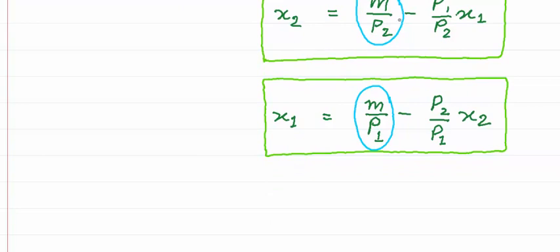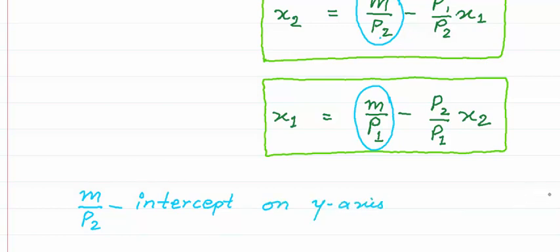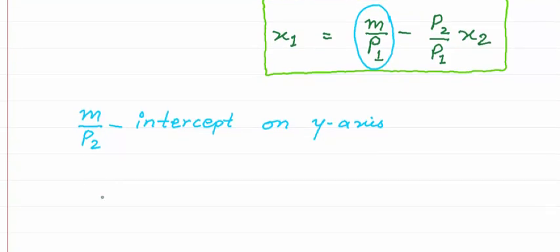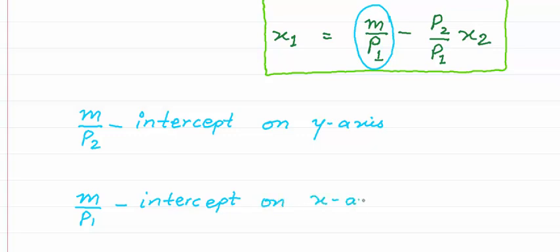Let's write here M by P2 is the intercept on the y-axis and M by P1 is the intercept on the x-axis. So I hope the intercept is clear to you.